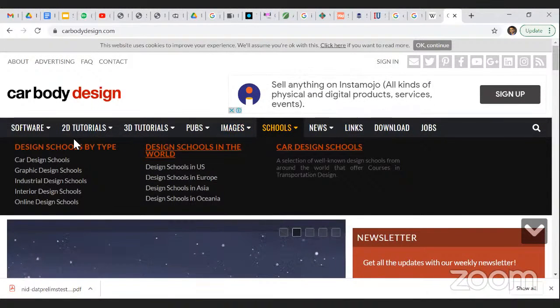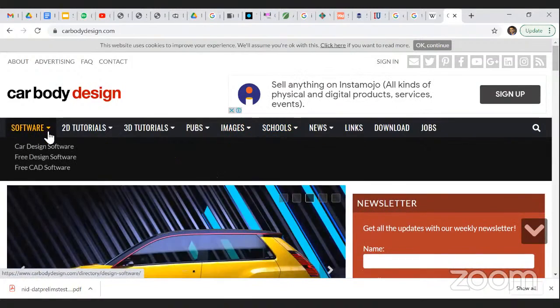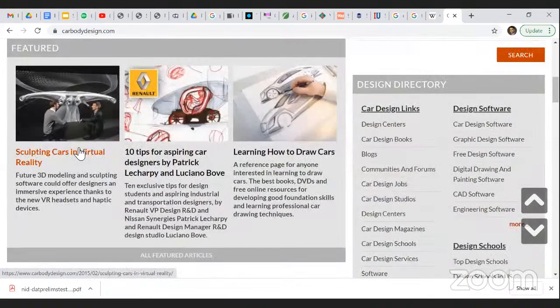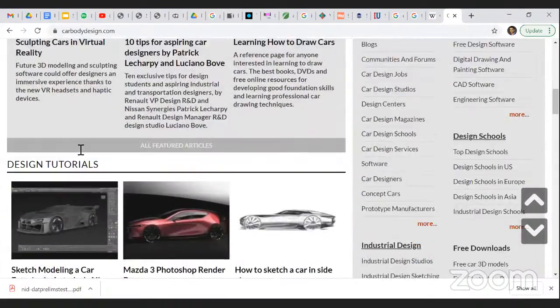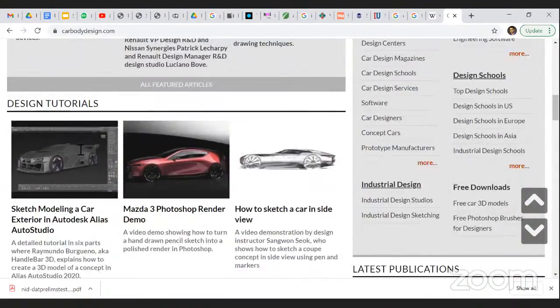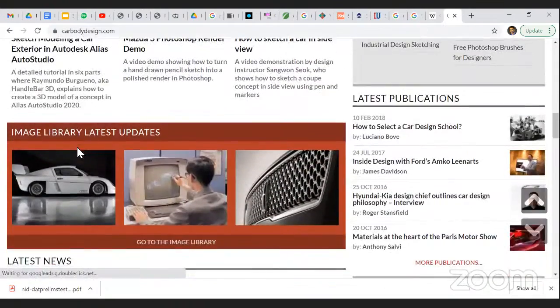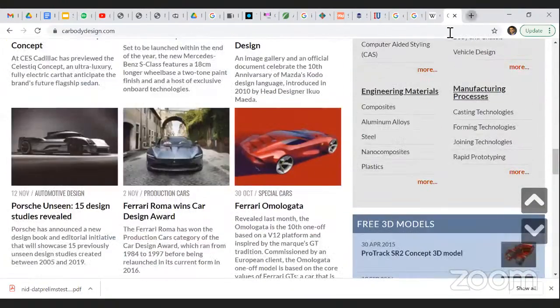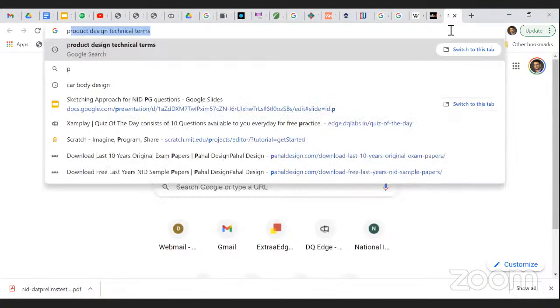When you are reading these articles, you get so many terms that they use. You can note down those terms, right? That is one. Let us say, for example, product design terminology.